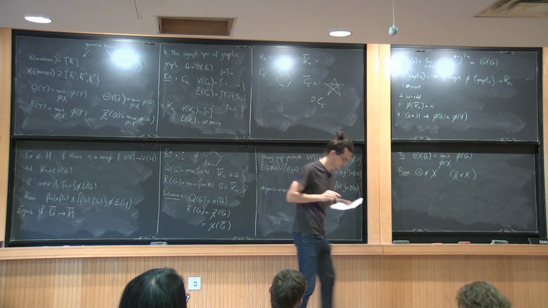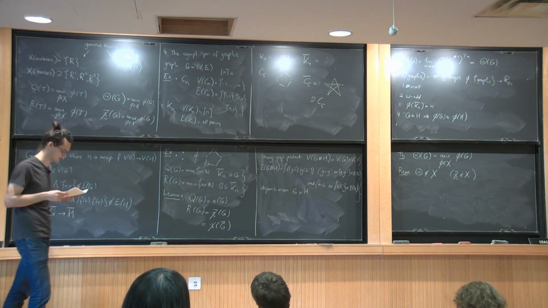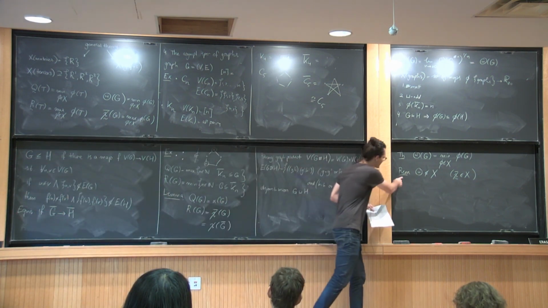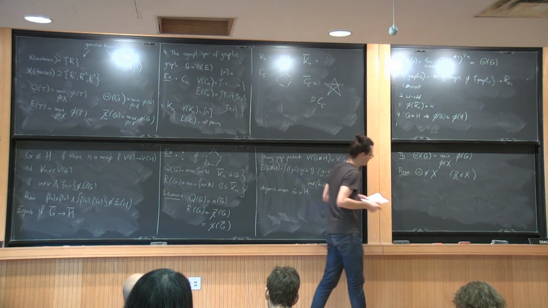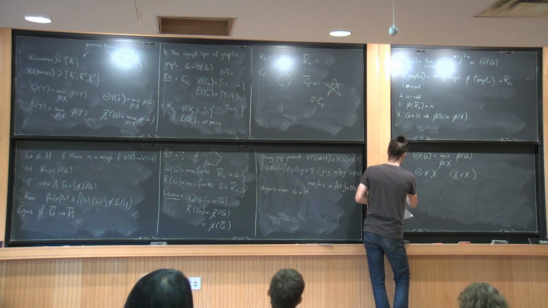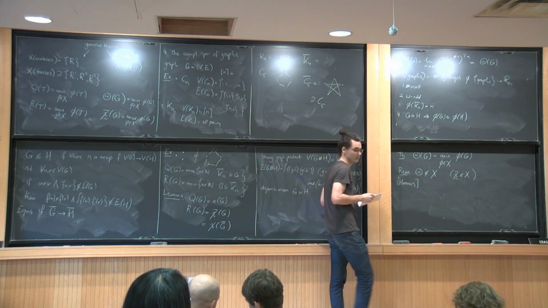So graphs are in between tensors and matrices. It's kind of a weird combination. Yeah, exactly. So there are two reasons we know that the Shannon capacity is not in X. The first is by Haemers. He showed that Shannon capacity is not multiplicative.